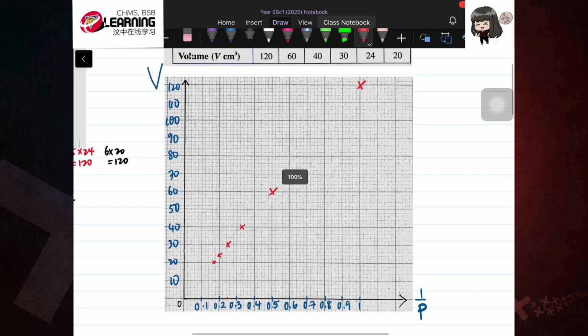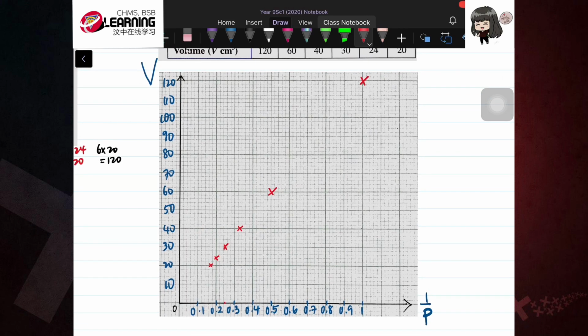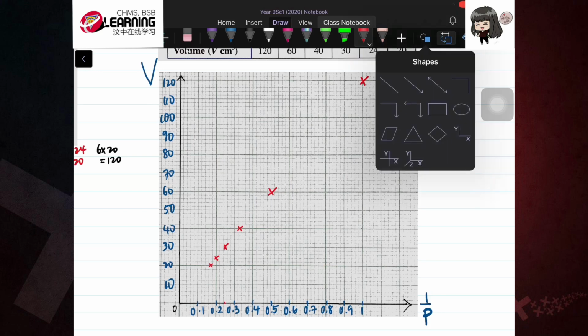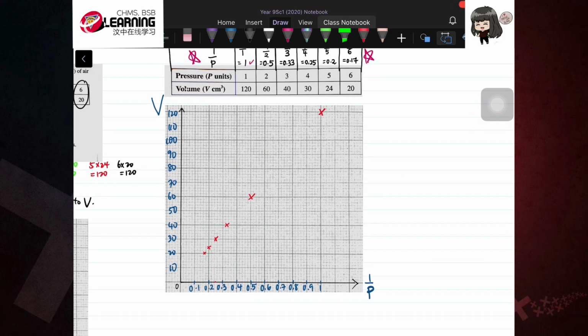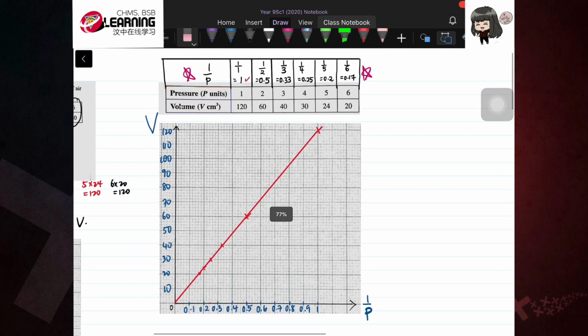So it's a straight line graph, passing through the origin also. So this is your graph.